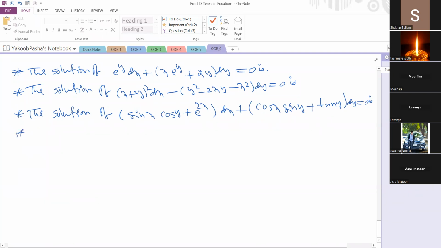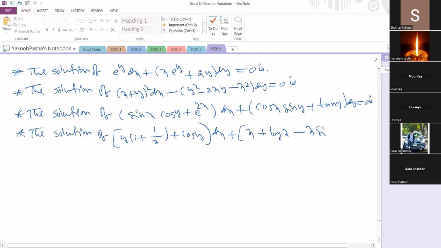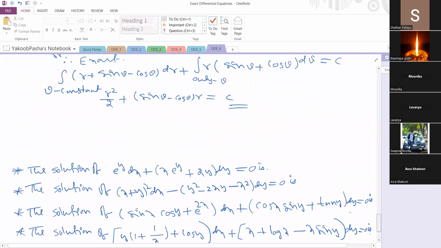And one more problem, the solution of y(1 + 1/x) + cos y) dx + (x + log x − x sin y) dy = 0 is. These are the problems related to exact equations.